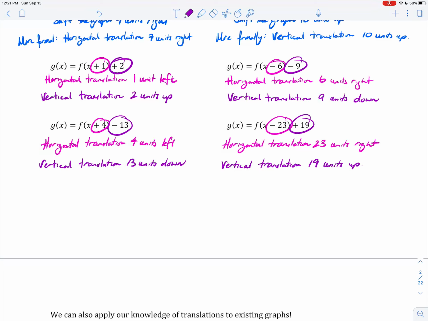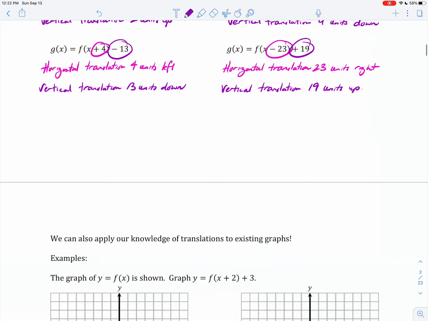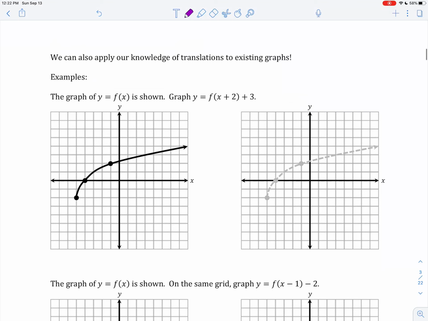So if we can understand what transformations have to take place, if we can describe them, well, we can apply them to existing graphs. Like in this case, this plus 2 says we have to go left by 2 units. And this plus 3 says we have to go up 3 units.